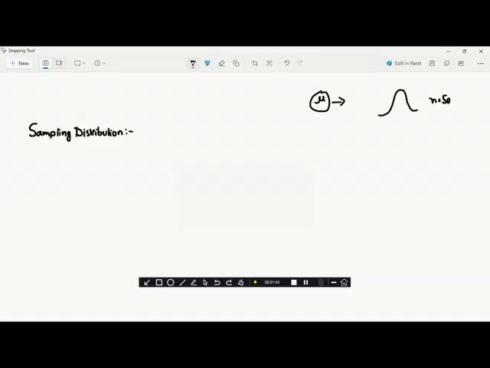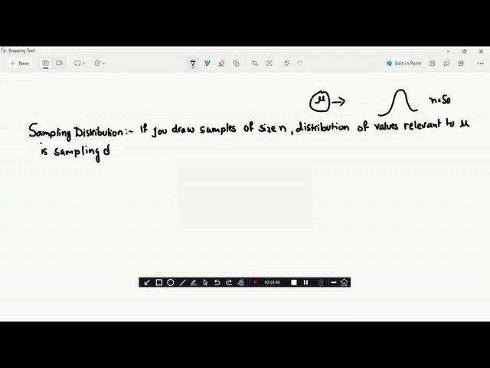Sampling distribution basically says if you draw random samples of size n, the distribution of the mean, the distribution of the values relevant to the mean or average, is the sampling distribution, or sampling distribution of the mean, which is this word over here.